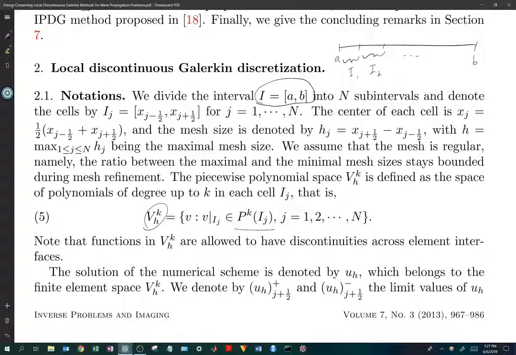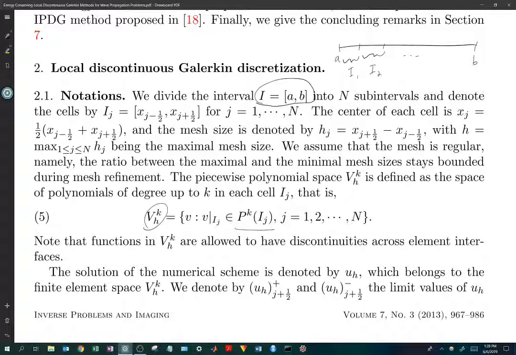So the basis function for each Ij in this case would be just the constant, which is the function which is constantly 1, and its domain would be Ij. And then to consider this vector space, you would consider all constant multiples of that.